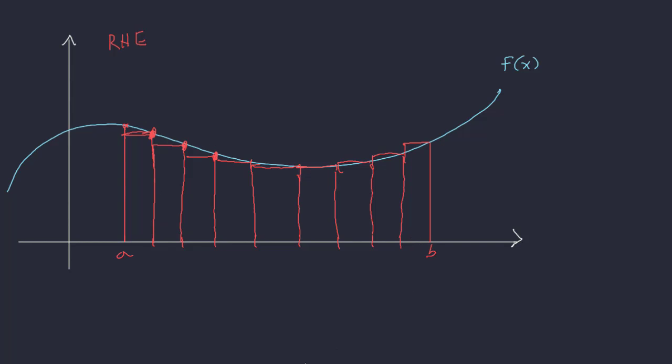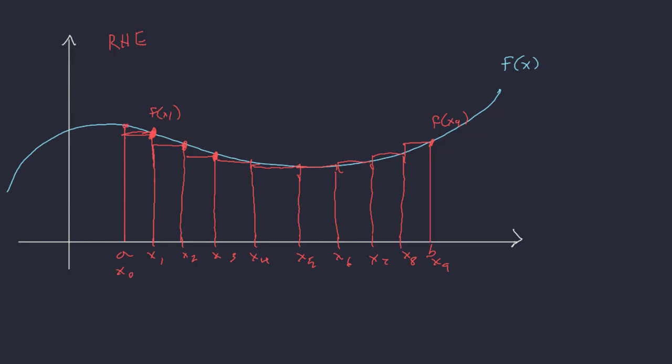So if this is A and this is B, okay, what we will typically do is then maybe have an x1, x2, x3, x4, x5, x6, x7, x8. This would be x9 and A would be x0. We would start our heights with f of x1 all the way up to f of x9.